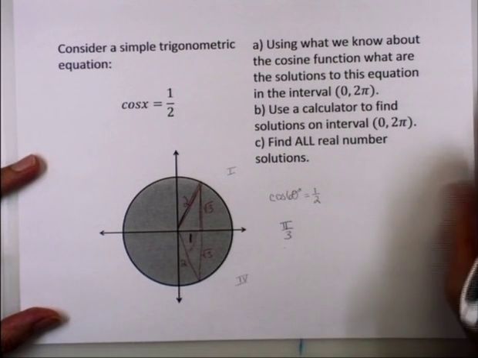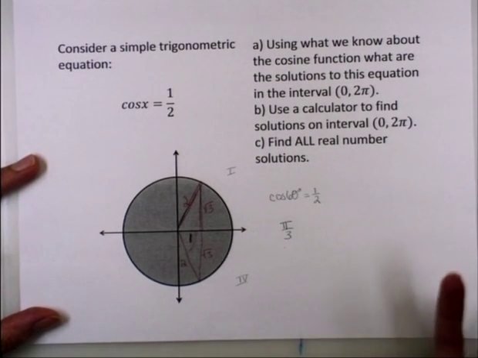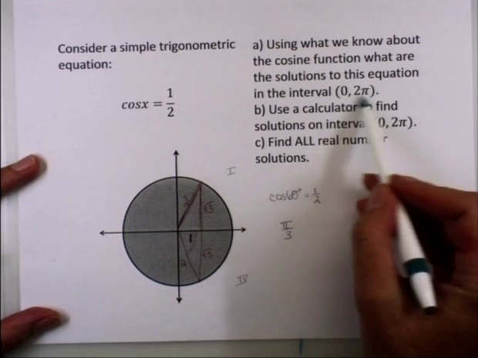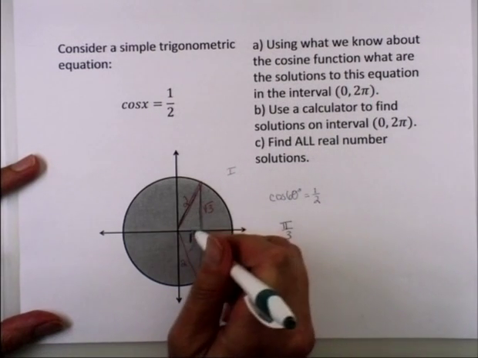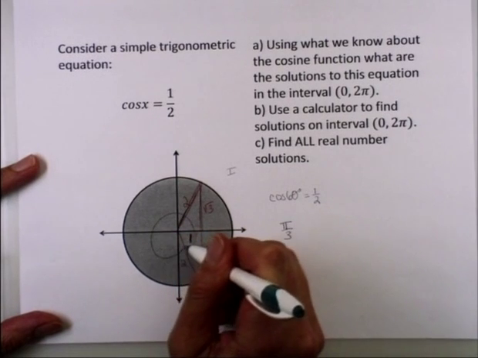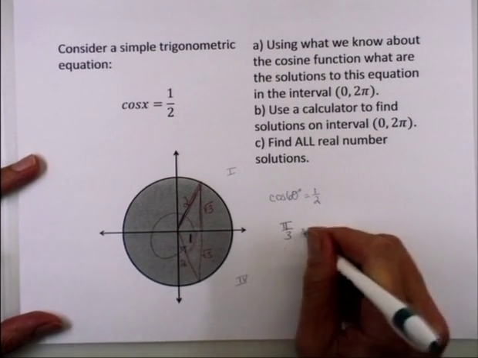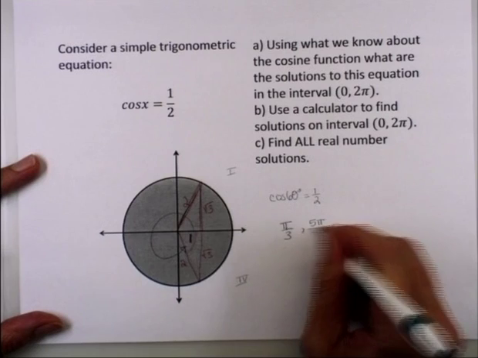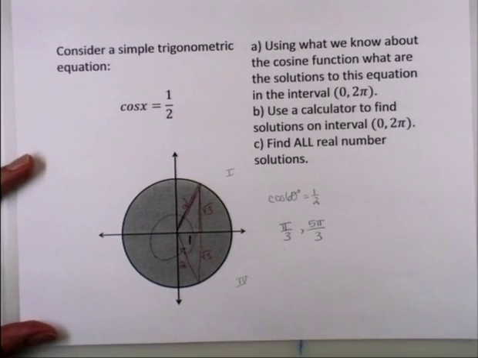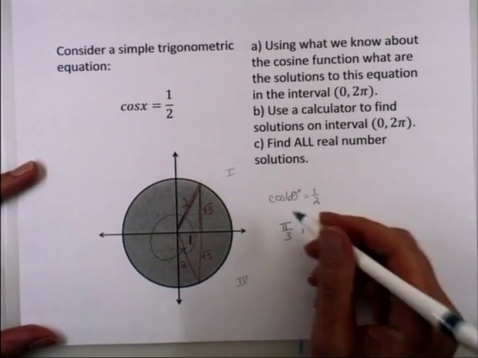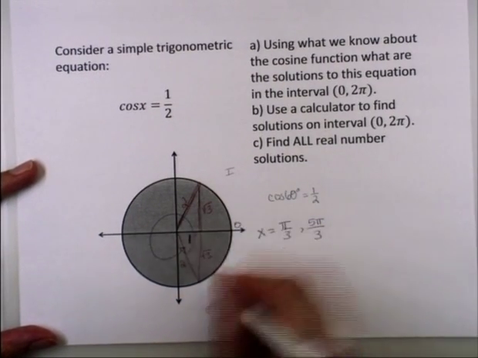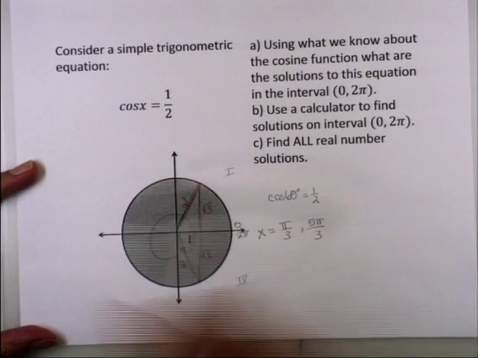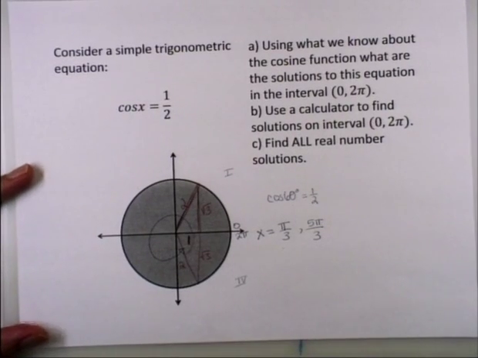Well, I tend to think of it as -60, or negative pi over 3, but negative pi over 3 is not in the interval I'm talking about. So I need to think of it as the coterminal angle and come around this direction and think of it as 5 pi over 3, which would be 300 degrees. So those are the values of x between 0 and 2 pi that satisfy that situation.